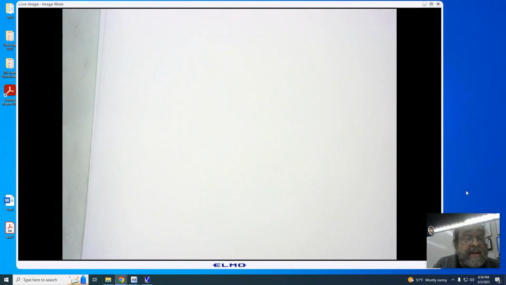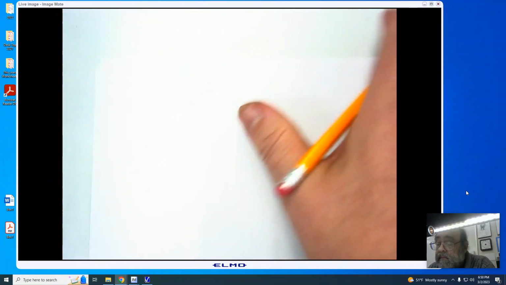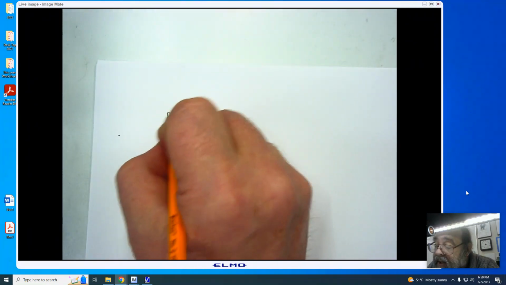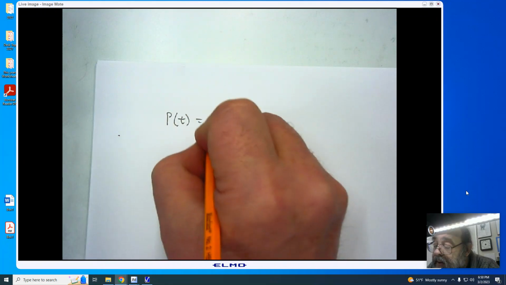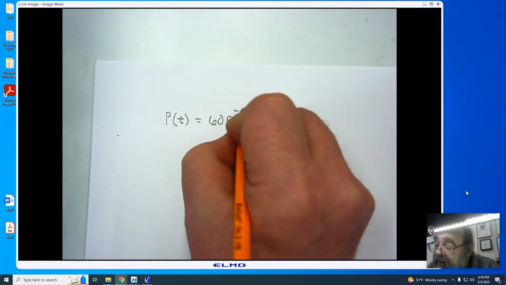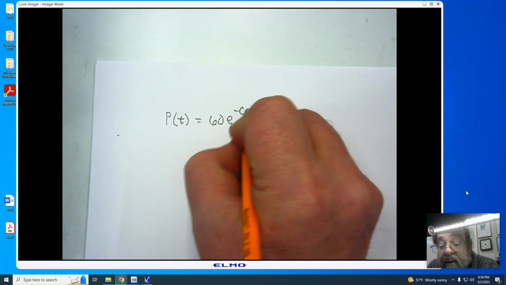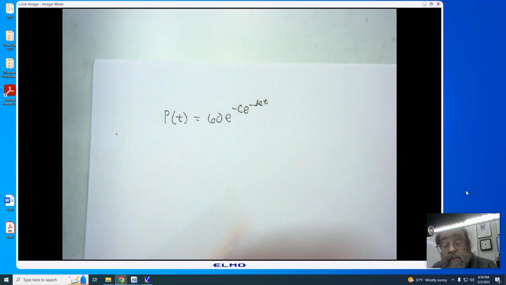Alrighty, so let's go ahead and take a look at how we use this Gompertz growth model. Following the model exactly, I am going to have the population in terms of time is 60e to the negative c e to the negative kt power.